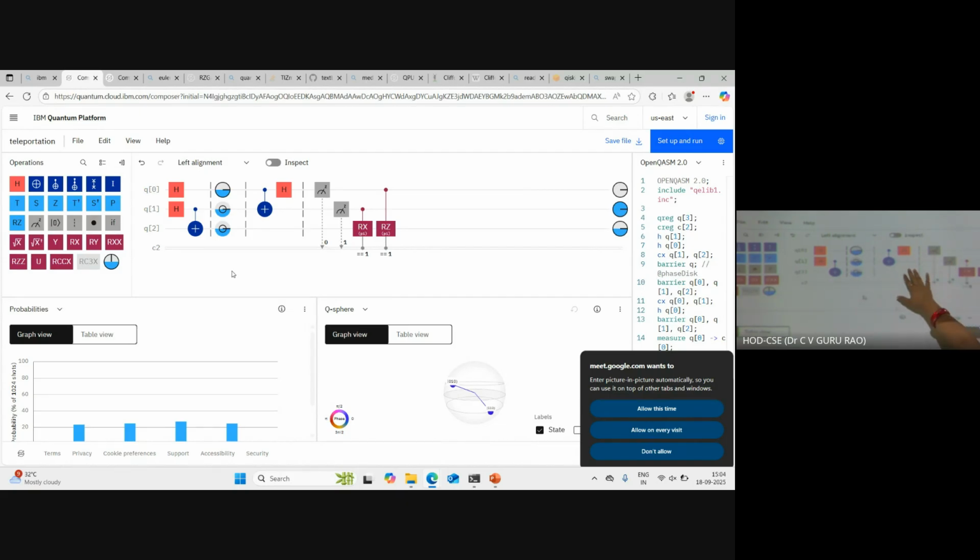After doing all these operations, at the end, Q0 is converted into gray, but Q2 is converted into half, which is the same as this. So that means some information transferred over here. Teleportation happening. This is what we can do with the composer.